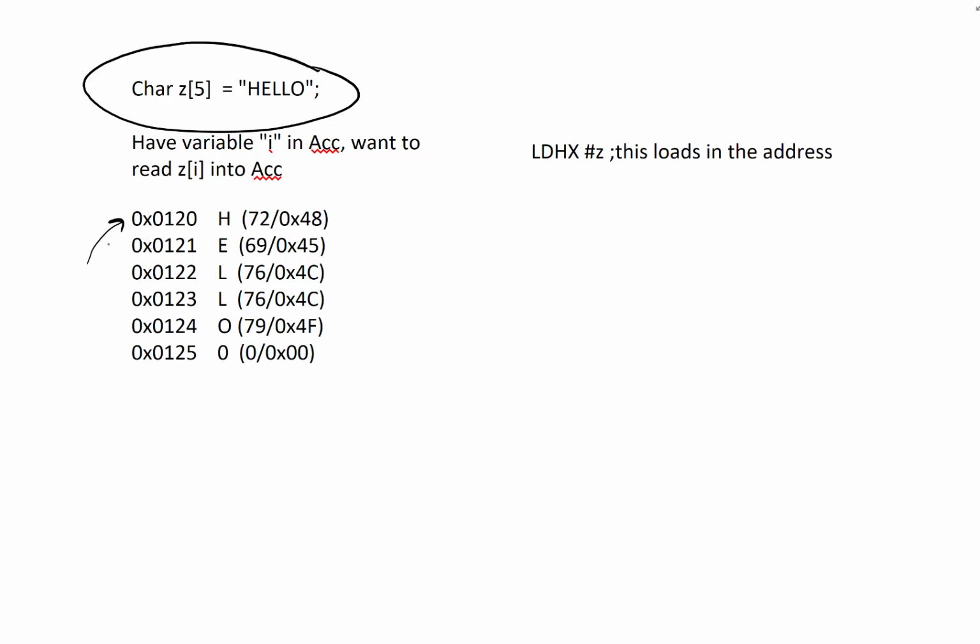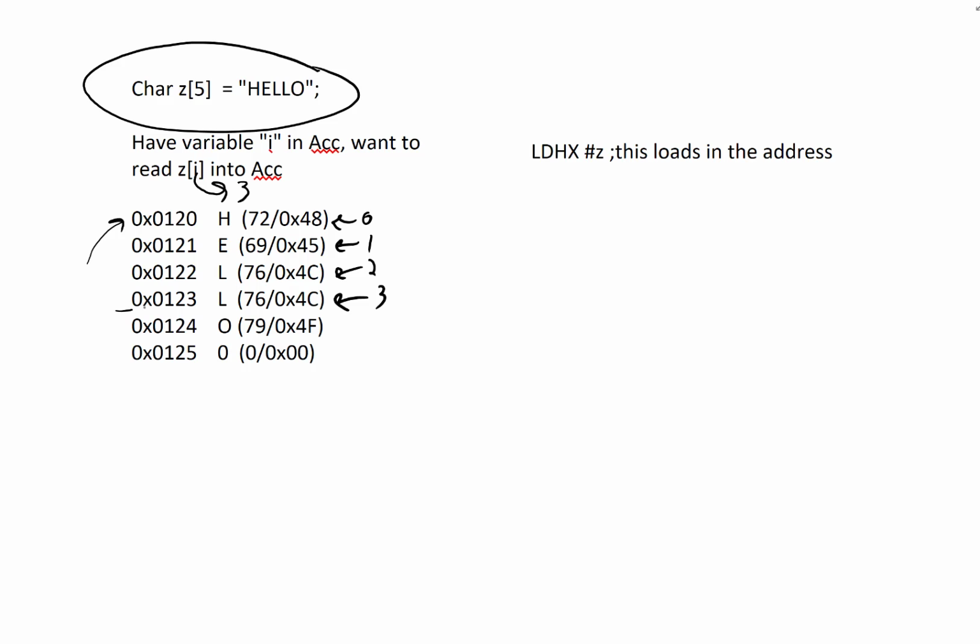Then let's think maybe I've got a variable I that I want to use to index into the ith element of this array, and I have the I in my accumulator. How would I go about saying, please go get the ith element? Let's imagine that I is equal to 3. So now I want to get the third element there. This is the 0th and the 1st and the 2nd and the 3rd element that we want to get to.